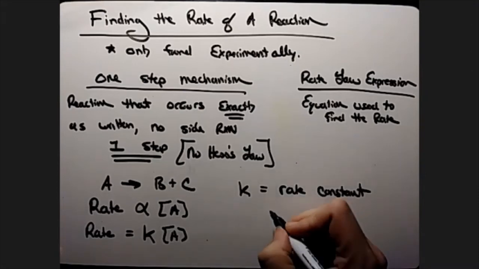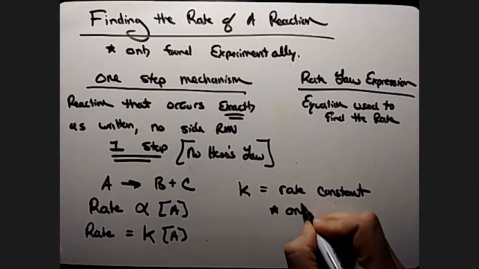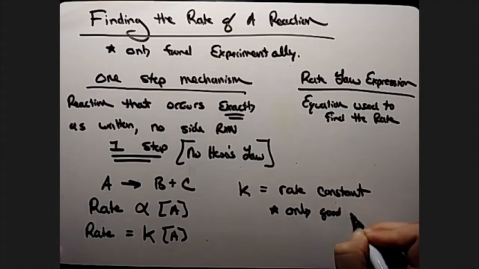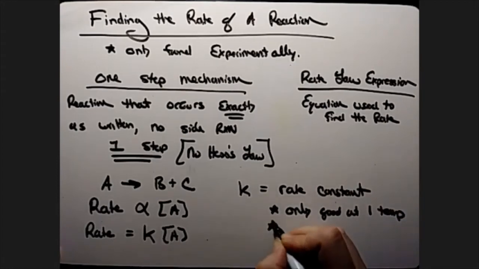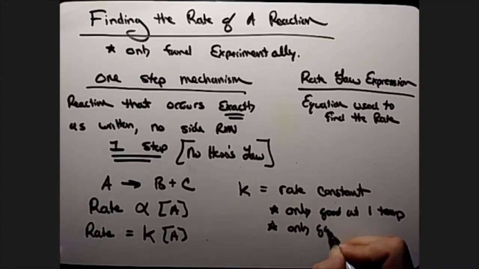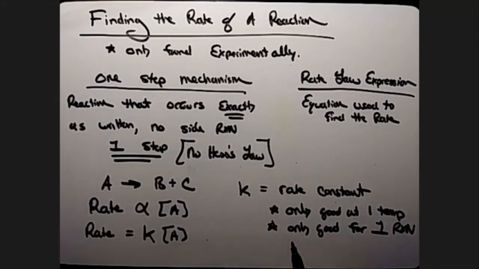Very important to note that this is only good at one temperature, and that it's only good for one reaction. So no two reactions are going to have the same rate constant, and if you change the temperature, you're also going to change that rate constant.